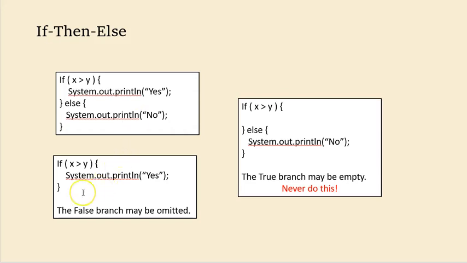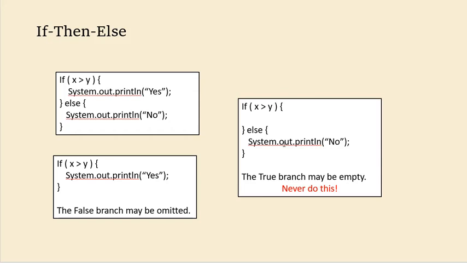Sometimes you don't want something to happen if it's false. If X is greater than Y, do something, otherwise don't. Okay, you just leave that false branch out. It is absolutely legal to do the opposite. If X is greater than Y, do nothing, else do something. It's absolutely legal.